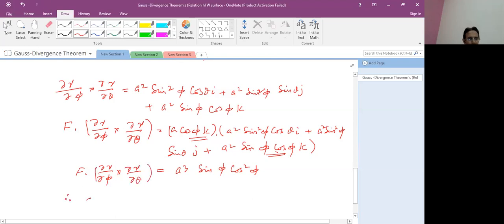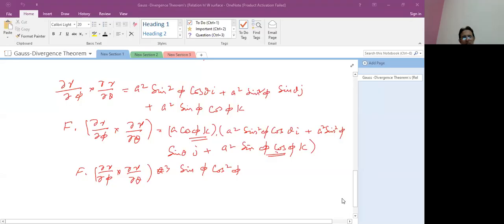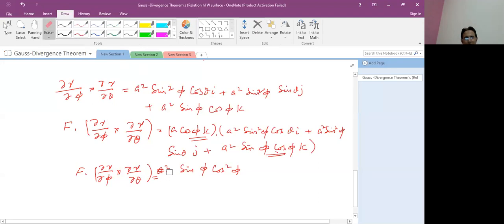So now therefore phi is equal to, you know very well, the double integral over sigma of F dot n ds, which is equal to a cube sine phi cos square phi.